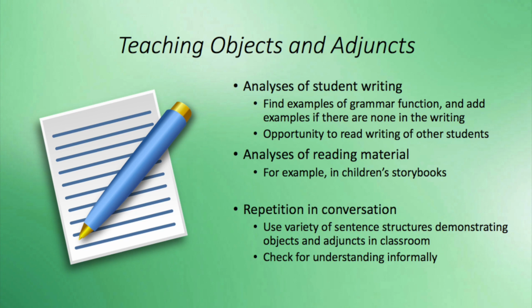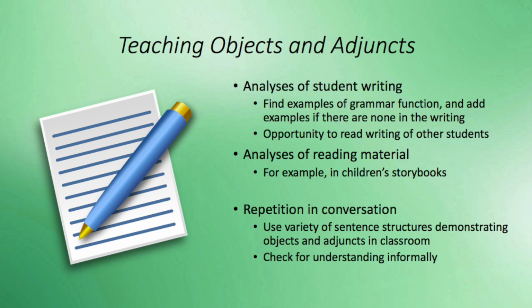And if there were no examples, say for pre-adjuncts, then going through and finding places where they could be added. And this would also be a good opportunity for students to read other students' writings and give each other help about where stuff could go. It's like when you're editing a paper, sometimes it's easier to have a second pair of eyes looking over it because they're going to see different stuff jump out that you who wrote it maybe wouldn't.